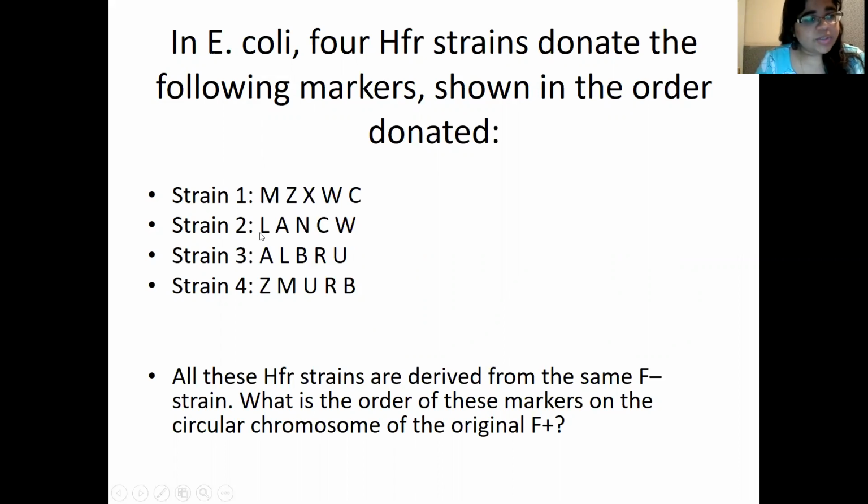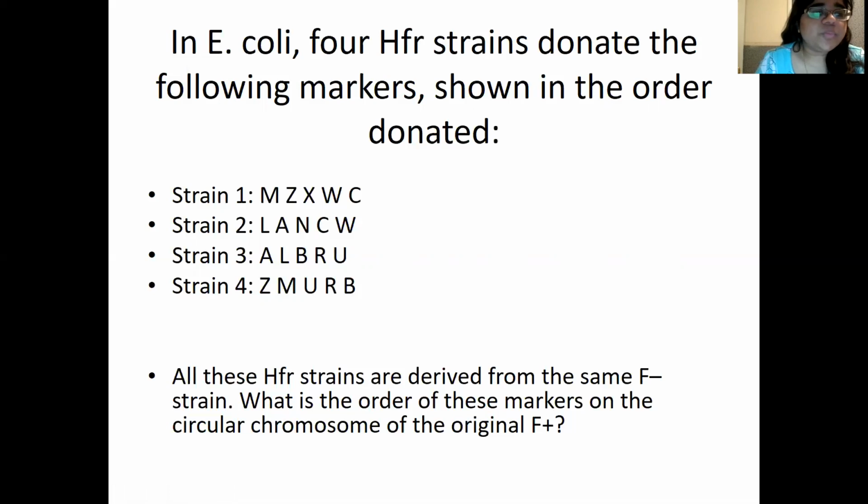So these are the orders of all 4 strains. All these HFR strains are derived from the same F negative strain. What is the order of these markers on the circular chromosome of the original F positive strain?